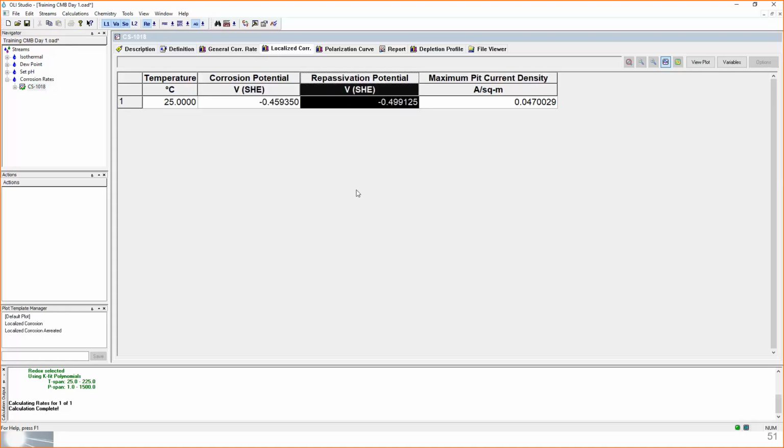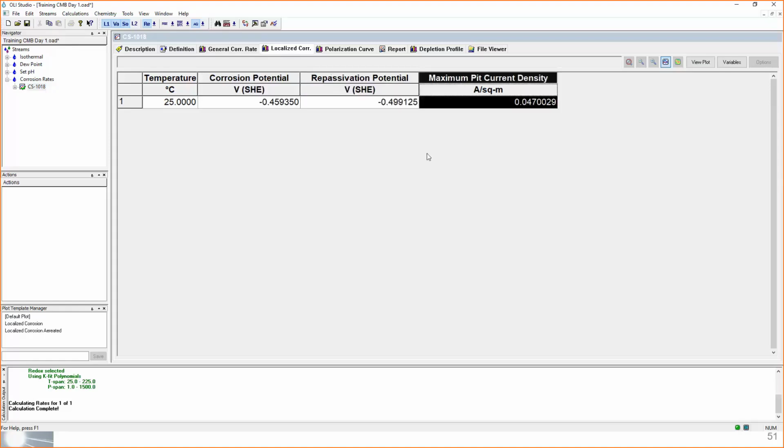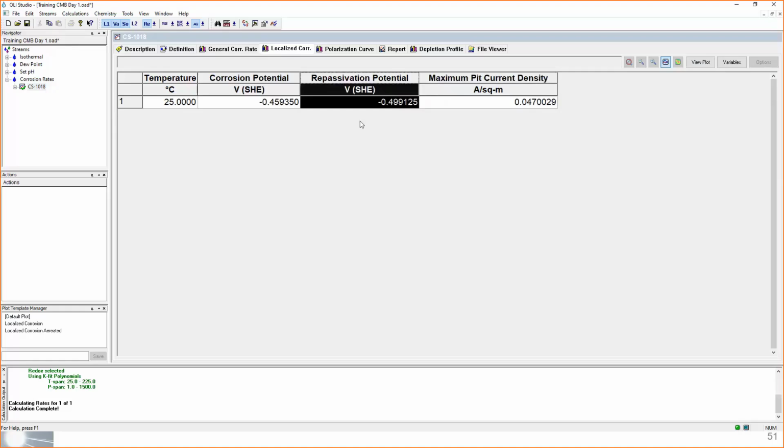Repassivation potential. This is a term that also refers to protection potential. And the protection potential is, let me think about this. So the repassivation potential is the potential that will help you to understand if you will have localized corrosion damage or not.